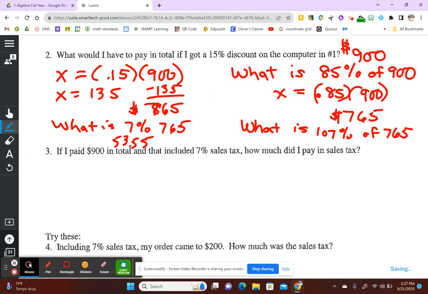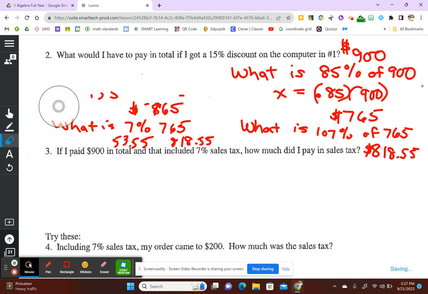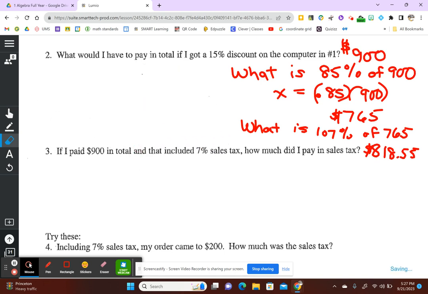If I add that to 765, I get 818.55. Or I could say 1.07 times 765, and I get 818.55 in one step.